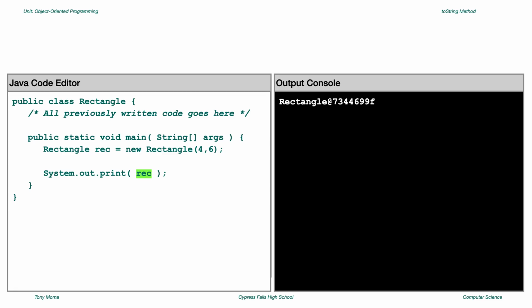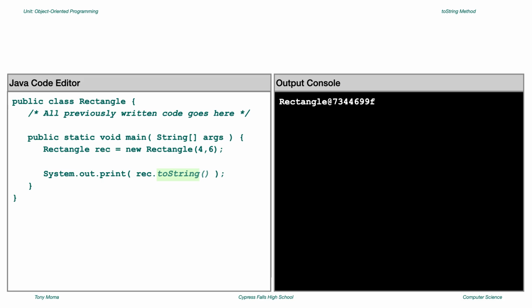Why is that? Well, to understand why this is happening, we first have to discuss how the print and println statements work. When we invoke System.out.print, what that method does behind the scenes is invoke the toString method of the rectangle class, and that toString method returns a string representation of the rectangle object.